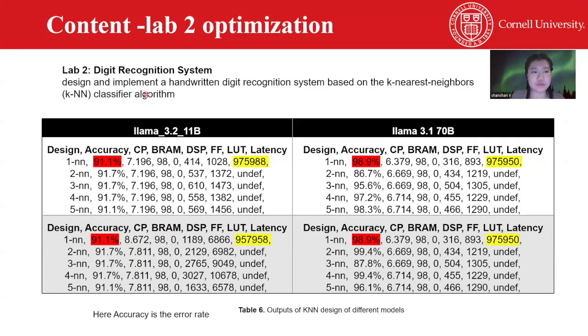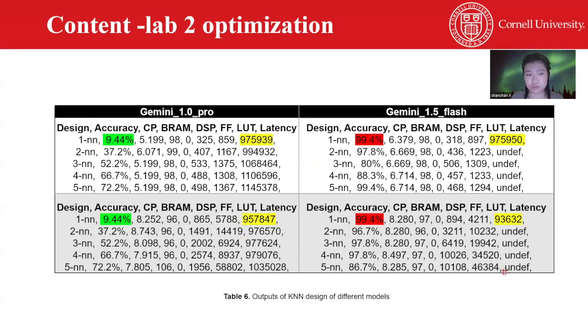This is the result for the KNN classifier algorithm for Lab 2. And for both Llama models, we can see the error rate is really high, latency is large. For Gemini 1 Pro, the accuracy for k equals 1 is low, but the latency is just slightly reduced after optimization.